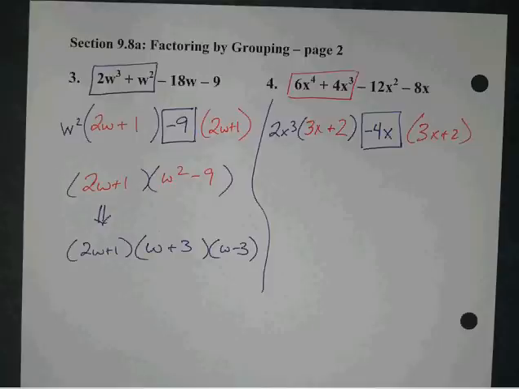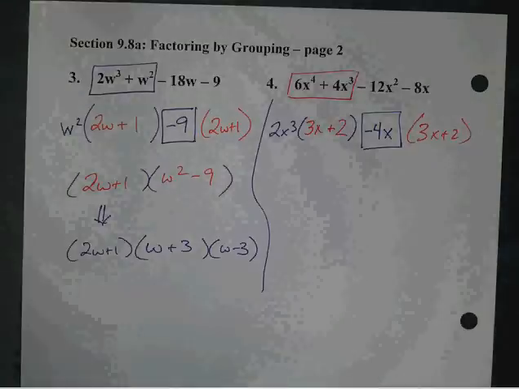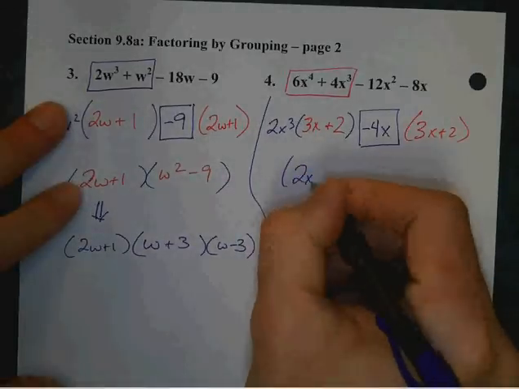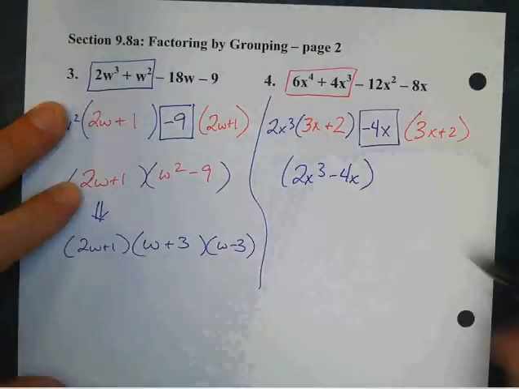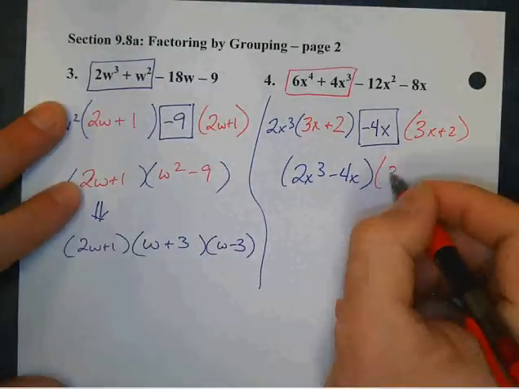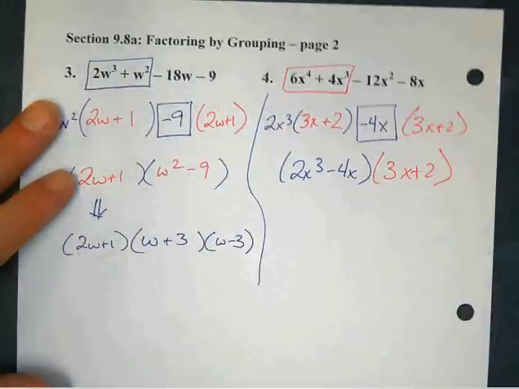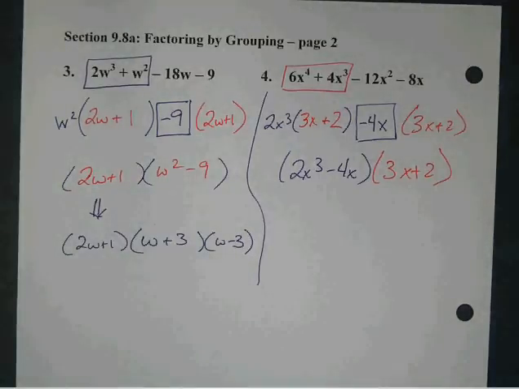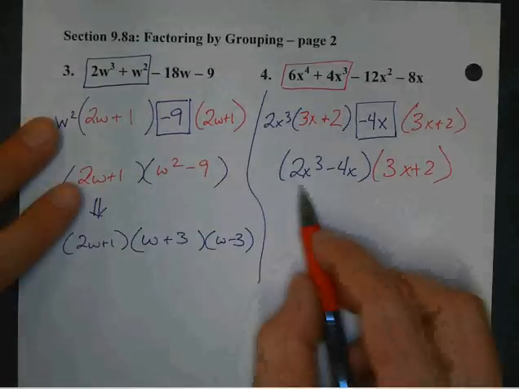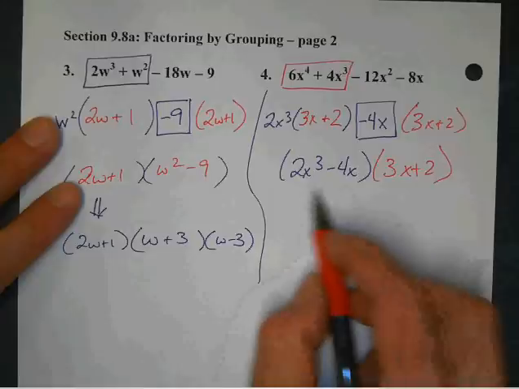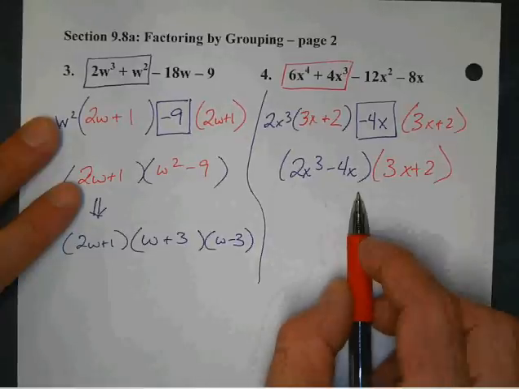All right, so let's write down our answer. In blue, 2x cubed minus 4x. In red, 3x plus 2. Look at our answer. Can we go further? Yes. What goes further? 2x cubed minus 4x. Does anything come out of both of those? 2x.